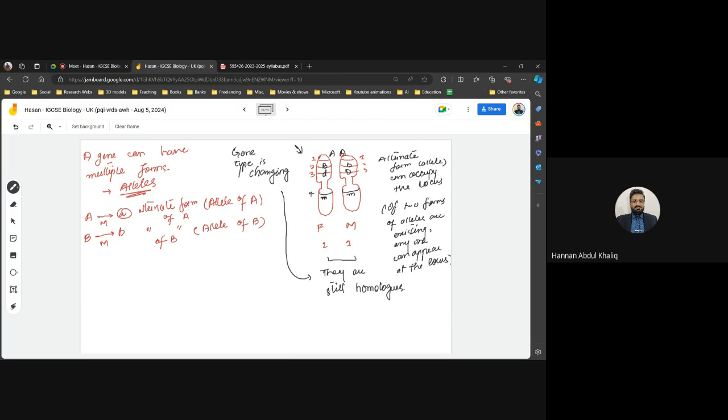Or I would say gene form can change. I would not write gene type. Gene form can change. So in homologs, a gene form can change, but they are still homologs. Why? Because they are still same in size, shape, and genetic arrangement.